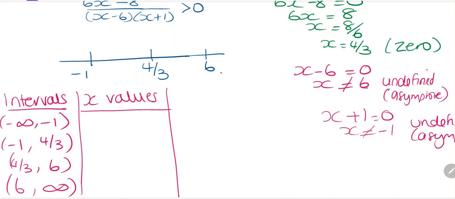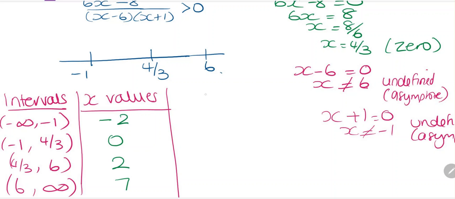So let's have a look at the possible x values. So we're looking at something between minus infinity and minus 1. So any value between, and choose minus 2. A value between minus 1 and 4 over 3, I'm going to choose 0. And between 4/3 and 6, let's choose 2, and 7.